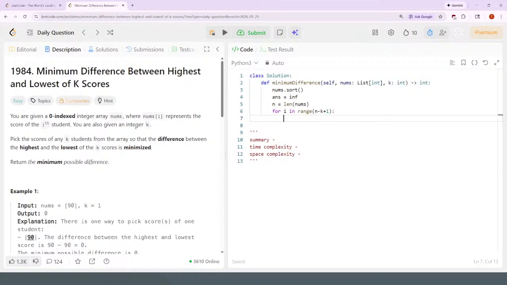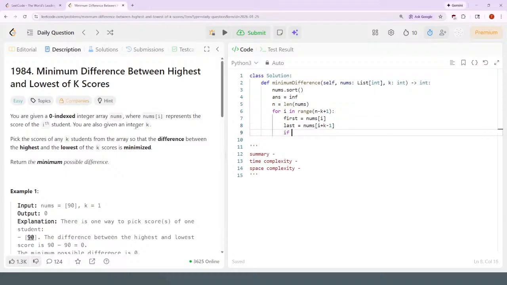And then let's say the first score is going to be nums[i], and the last score in the consecutive group is going to be nums[i + k - 1]. If k is 1 and i is 0, then 0 plus 1 minus 1, yeah.